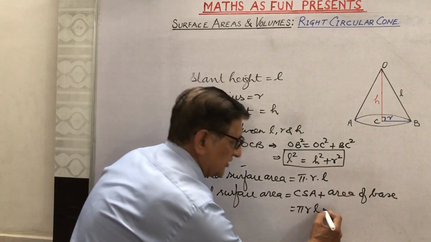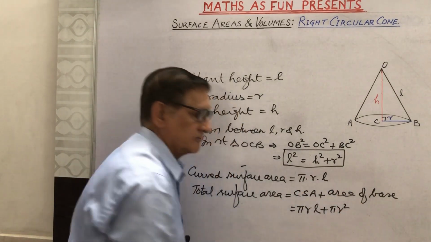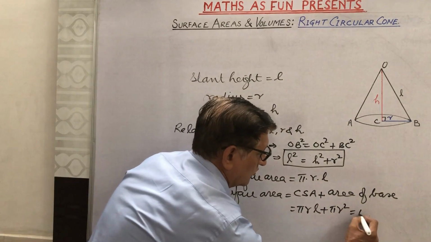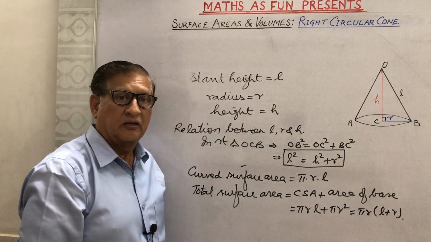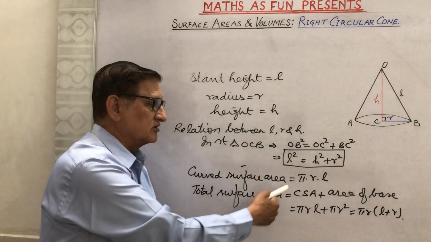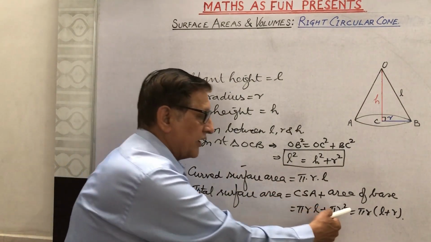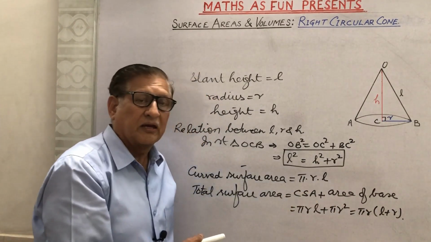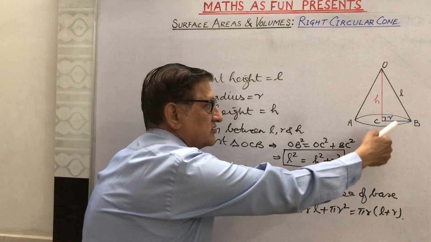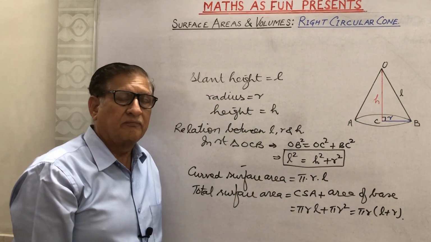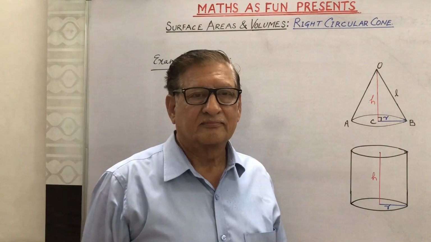The area of circle is pi R square. If we take pi R common, we are getting this as L plus R. So the formula to find out the total surface area of a cone is pi R into L plus R in case it is a solid cone or the base is covered. We will see now how to find out its volume.